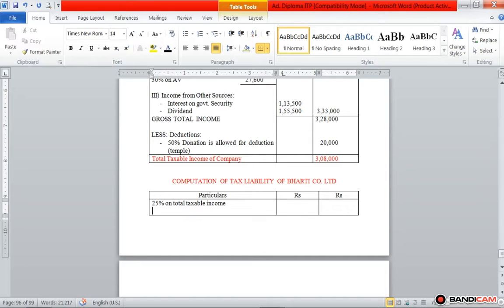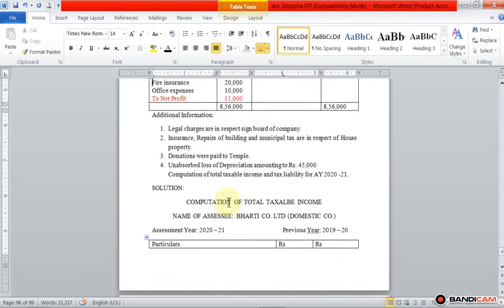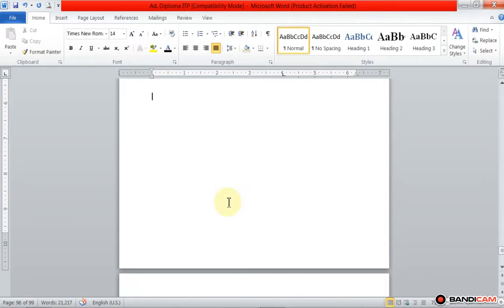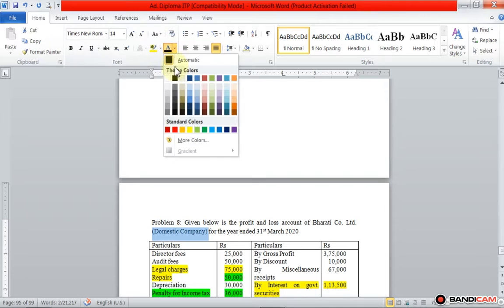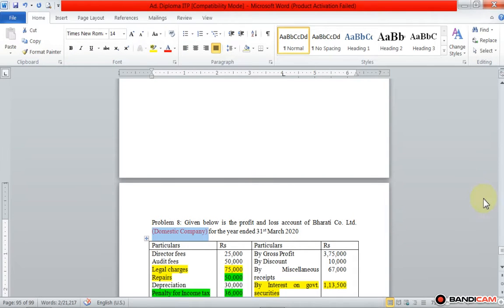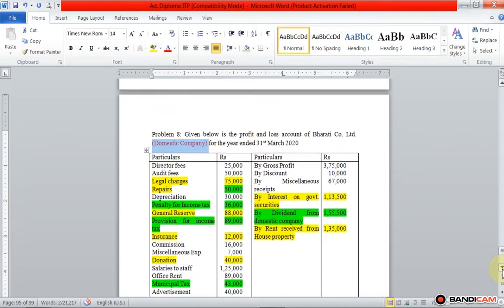So here we take into consideration the 25% because Bharti Company Limited is a domestic company. We already read in the problem that Bharti Company is a domestic company. So we compute 25% on taxable income of Bharti Company.